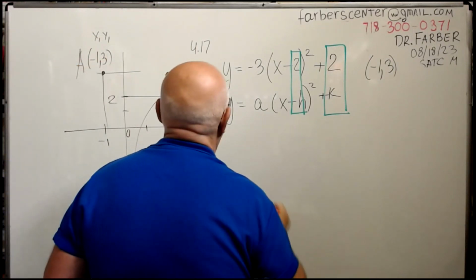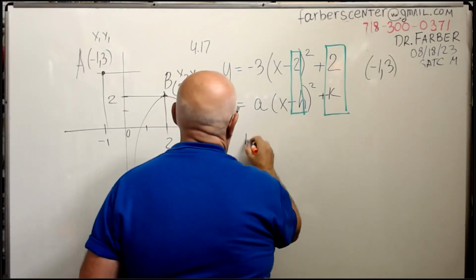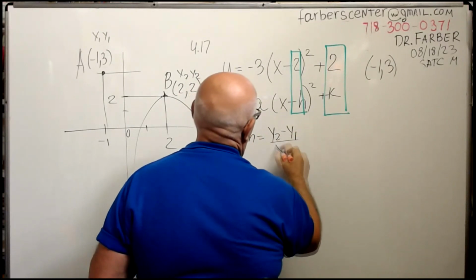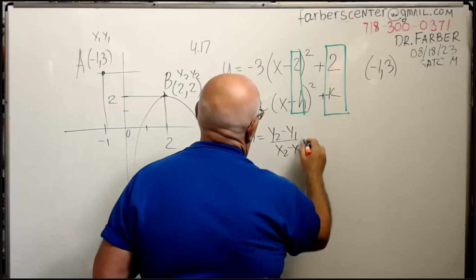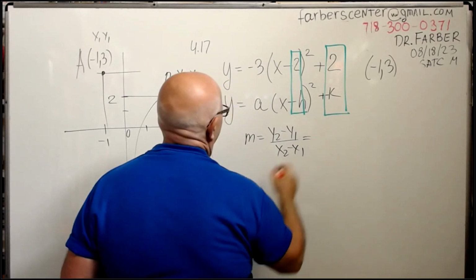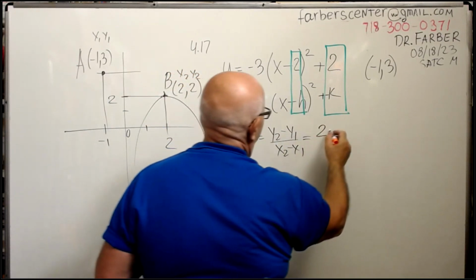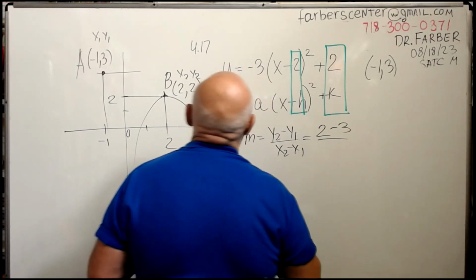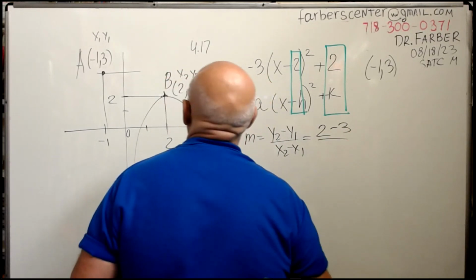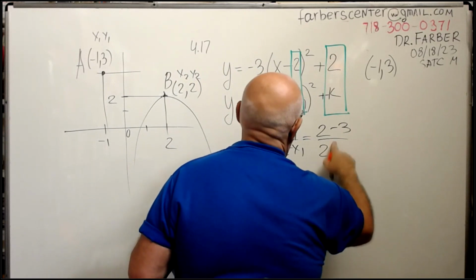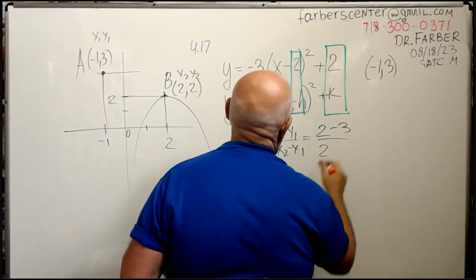As usual, we use this formula: slope is y2 minus y1 over x2 minus x1. And plug in: 2 minus 3, divided by 2 minus -1.